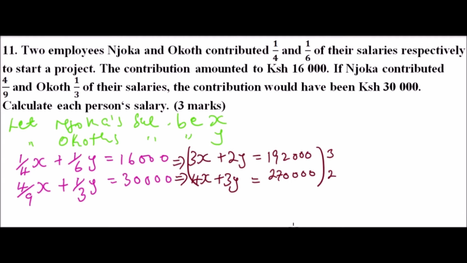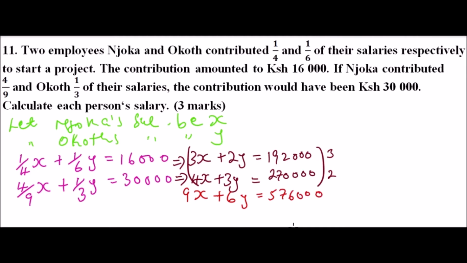This should give us, when you multiply here, 9x plus 6y is equals to, you multiply 192,000 by 3, then you should be able to get 576,000.